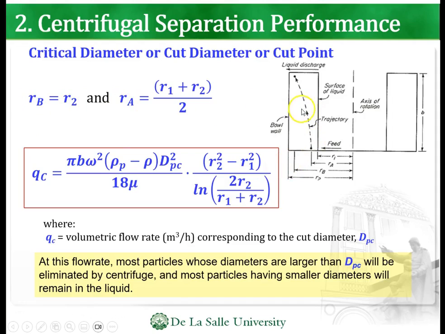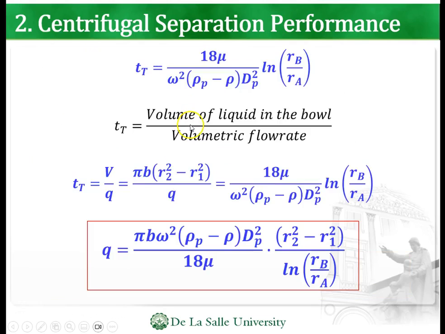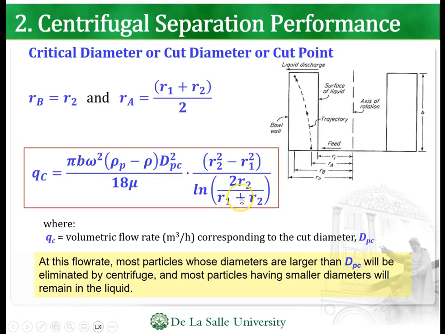It's the critical point, R1 plus R2 over 2. What happens is that the RA and the RB can be replaced by R2 and R1 plus R2 all over 2.